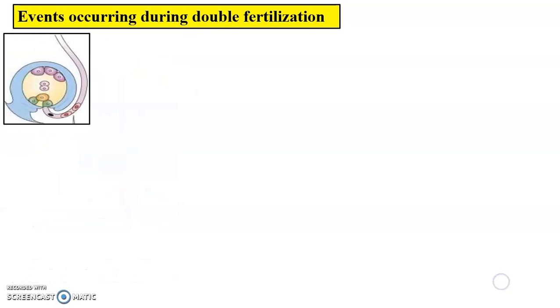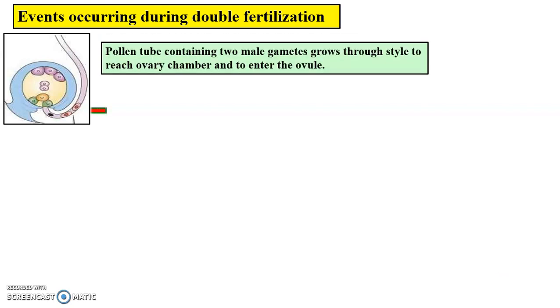Let us see the sequential events occurring during double fertilization and different scientific terms used to describe them. The pollen tube carries in its hollow part the two male gametes. This is called siphonogamy.